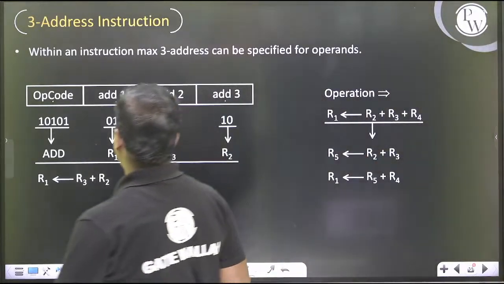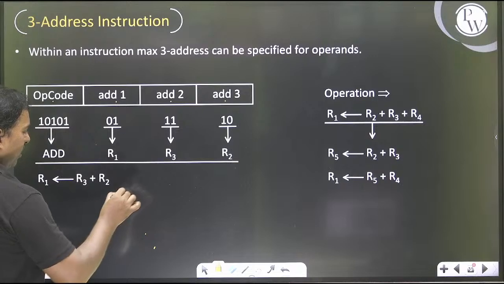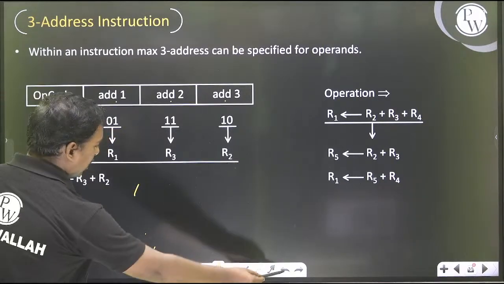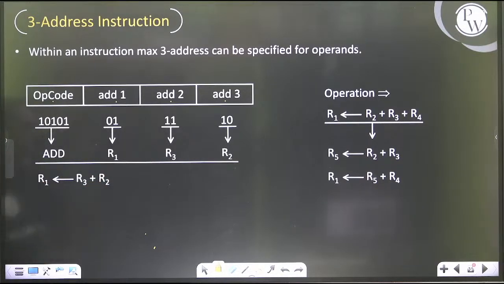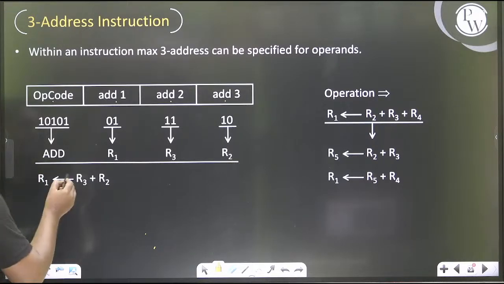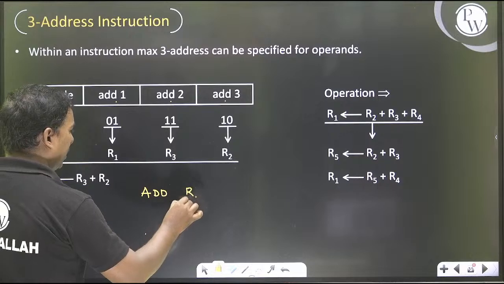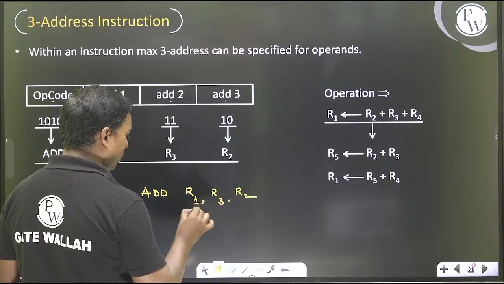So see here, opcode, address field 1, address field 2, address field 3. Suppose I am writing the instruction like add, so see the instruction here: add R1 comma R3 comma R2. That means the contents of R2 and R3 will be added and the result will be stored in the R1. So this is the meaning. So it is a 3 address instruction.